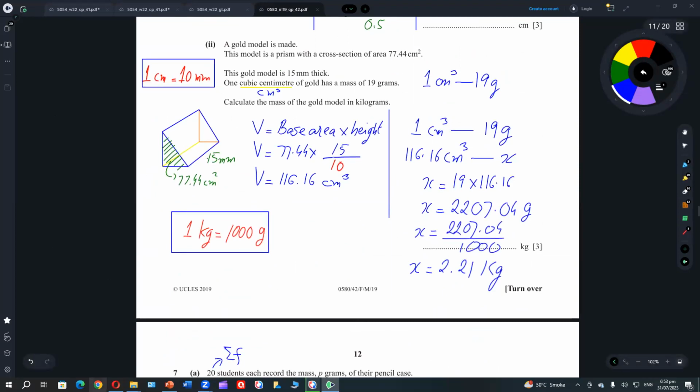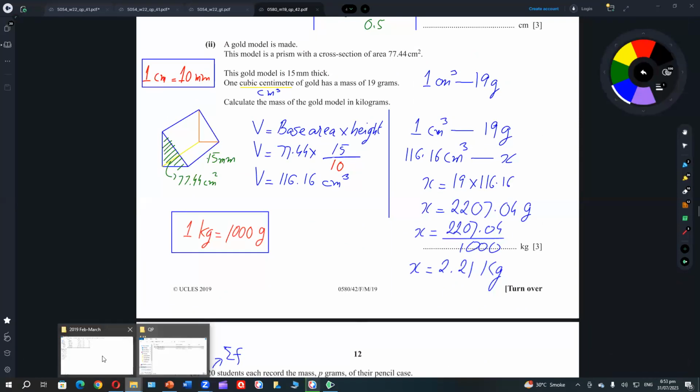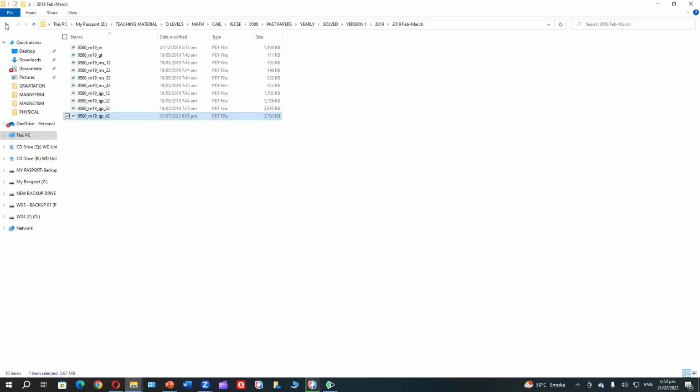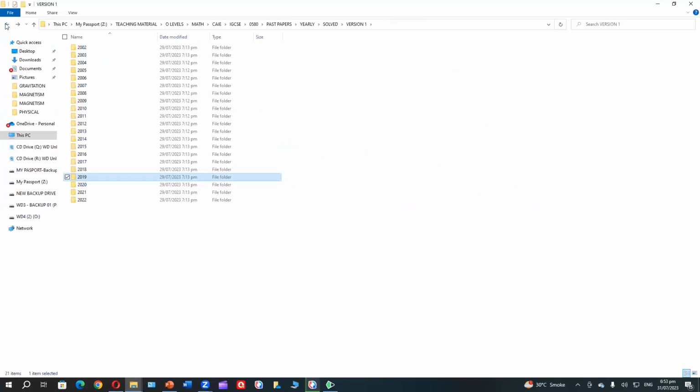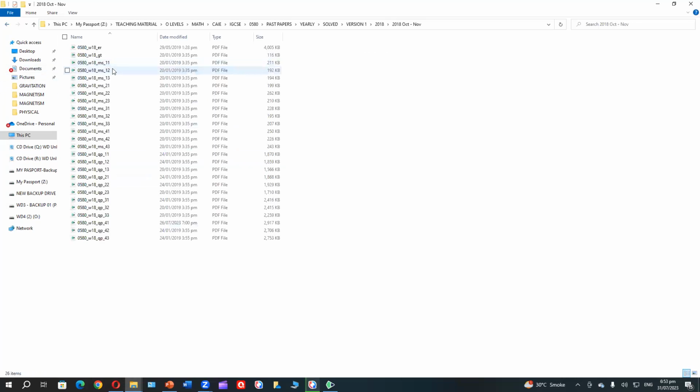Now, can you please look in your book? What is the question after this? I mean, the year and number after this question or before this question? After it is October, November 2018, paper 42, question 10.